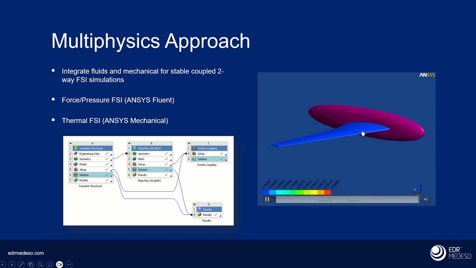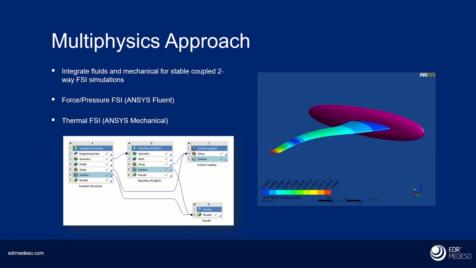So what we're doing here is we're running the CFD simulation to give us the pressure and force data, and then we're passing that over to a structural simulation using Ansys Mechanical. And this can be a one-way transfer, for example, where aeroelasticity is quite minimal, or where you have large deformations, you can do a two-way analysis where data is passed back and forth between the two solvers.